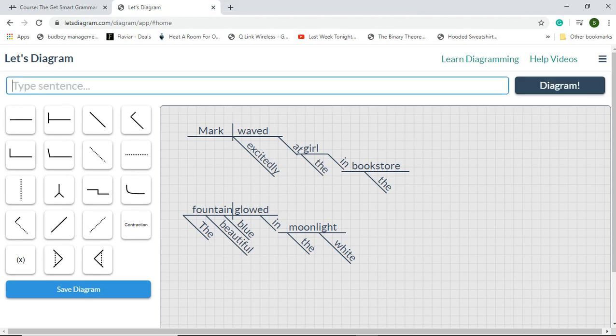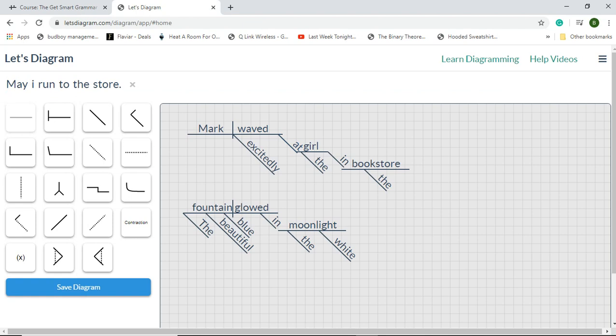is, may I run to the store? May I run to the store? Pardon me. May I run to the store? So let's diagram that. Oh, looks like I made a mistake.